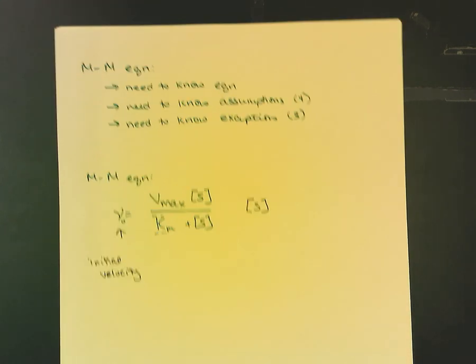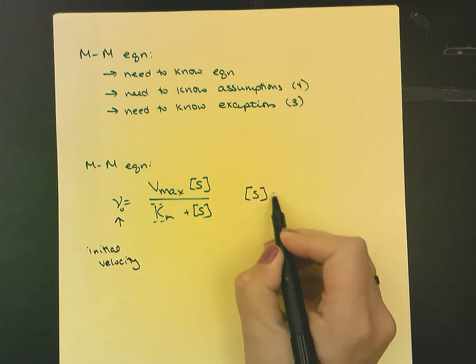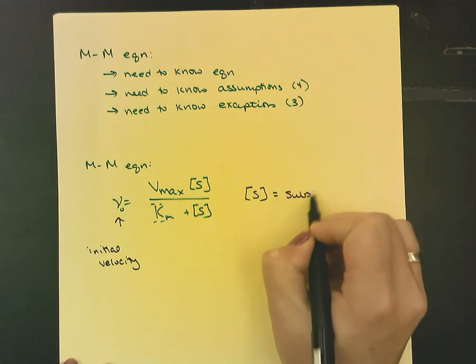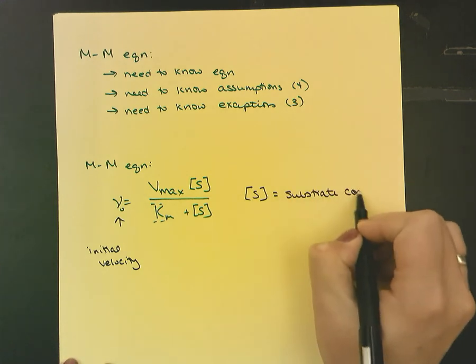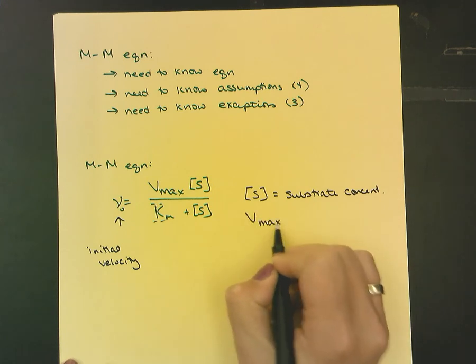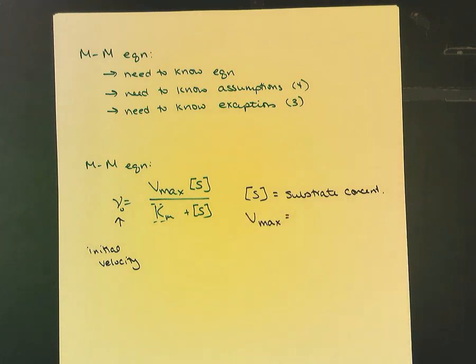All right, so we decide that V0 is initial velocity. What does bracket S stand for? Substrate concentration. Good. What does Vmax in words stand for? Maximum velocity. True.